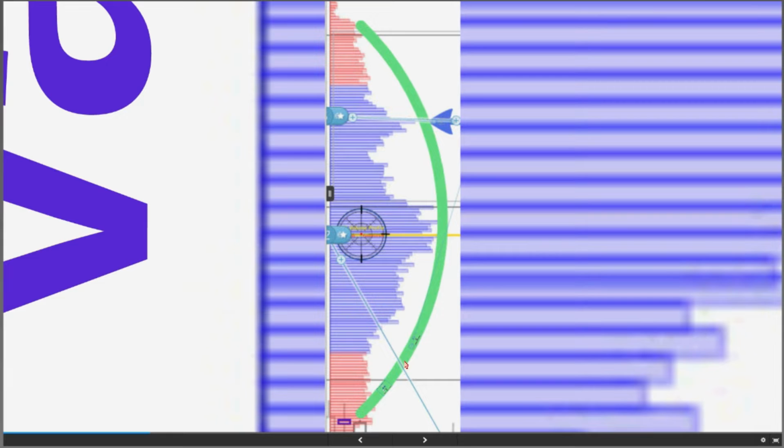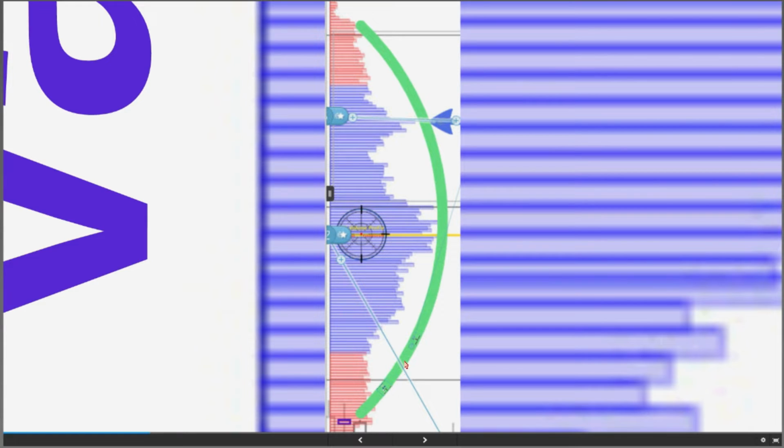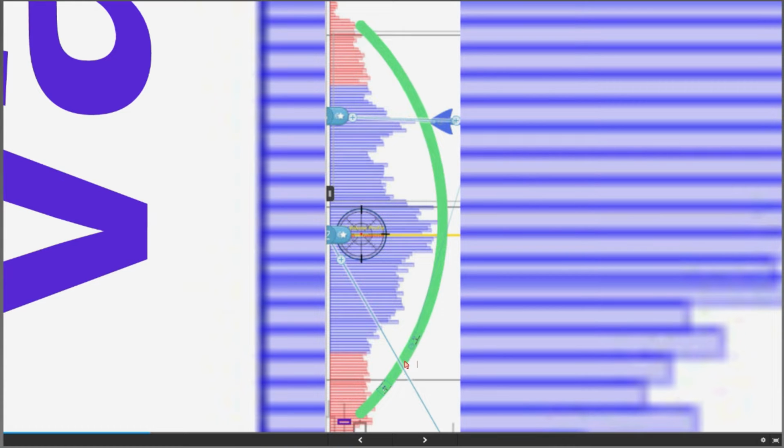As that progresses throughout the day, or over a week or a month or a year or several years, it starts to build out what's called a distribution. And that distribution will naturally result in this bell-shaped curve.